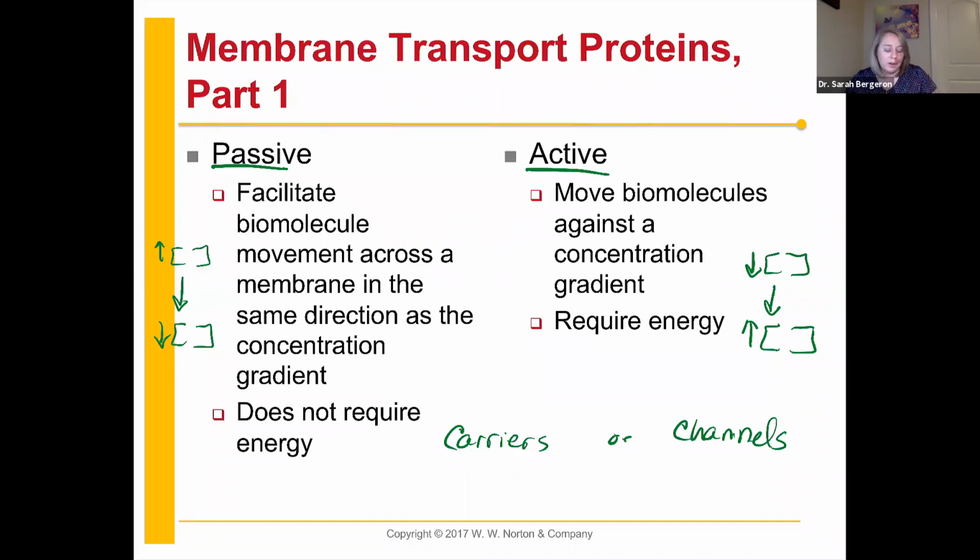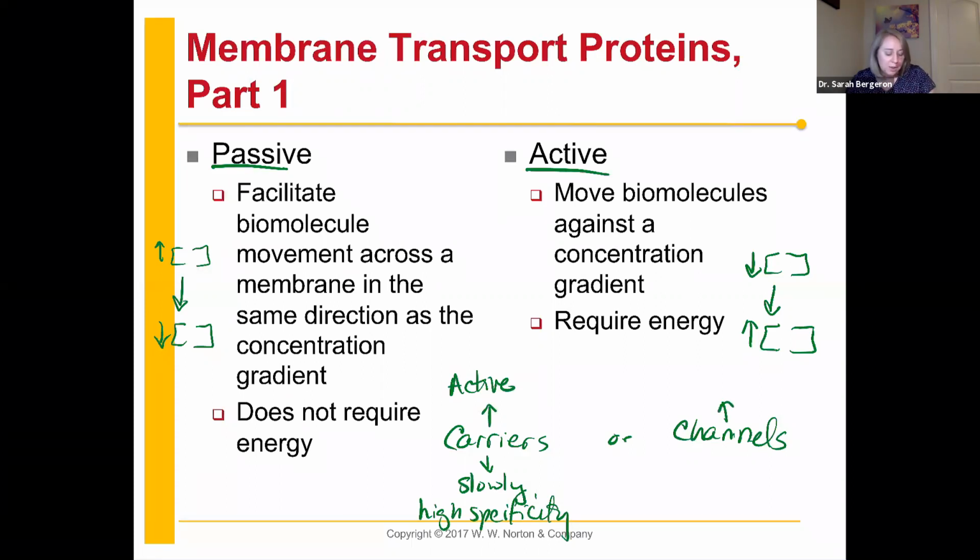So carrier membrane transport proteins, all of them are active transport. So all of them require energy. Carriers also tend to transport molecules very slowly, and they have very high specificity. And we'll see that.